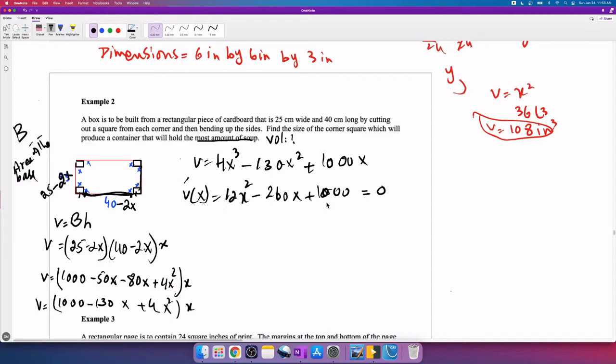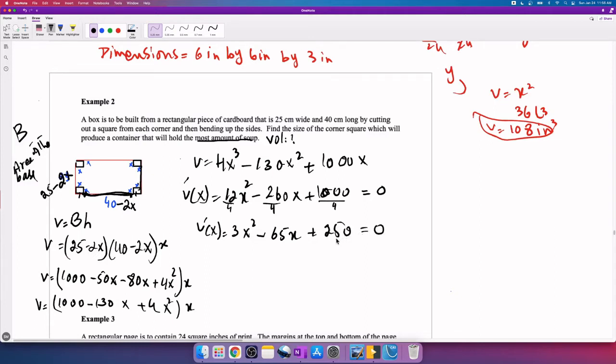We can divide all of them by 4. So 12 divided by 4 gives me 3x squared minus, divide this by 4, it's going to be 65x, and divide this by 4, it gives me 250. So it's got kind of smaller.